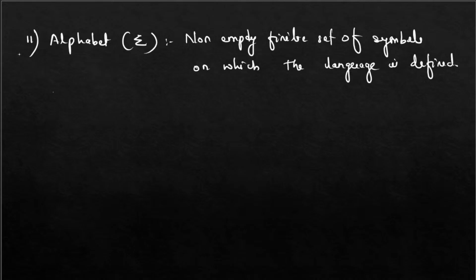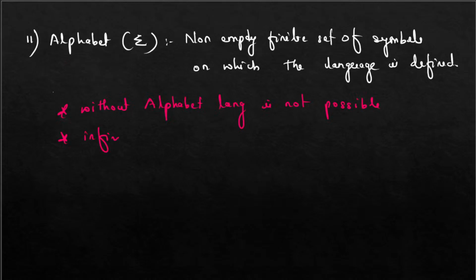So here the point we should note is that without alphabet, language is not possible. Okay, and infinite alphabet is not possible. That is why I have written a finite number of alphabet, so that it can create a language, right?